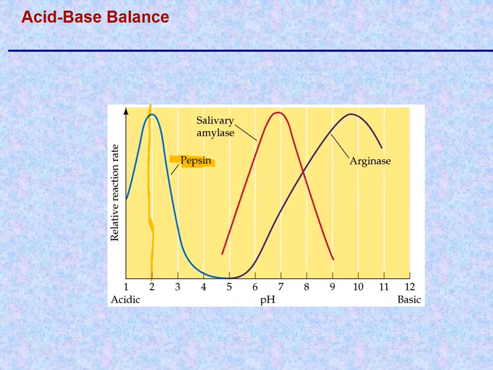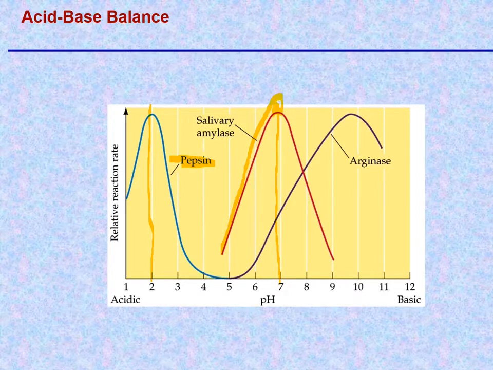On the other hand, salivary amylase, an enzyme produced by the salivary glands, which can break down starches, has its optimal activity at a pH just below 7, which is what you would find in the mouth as you eat.